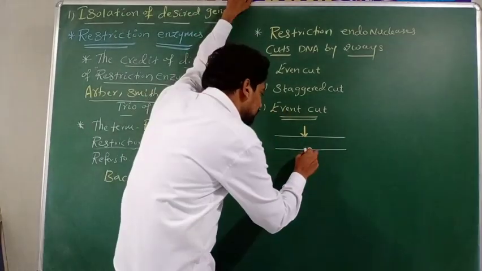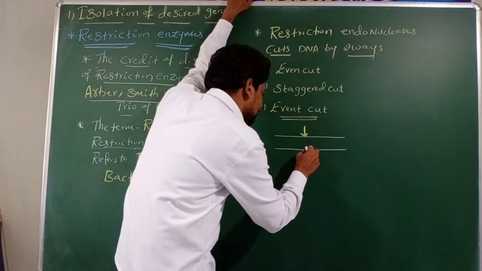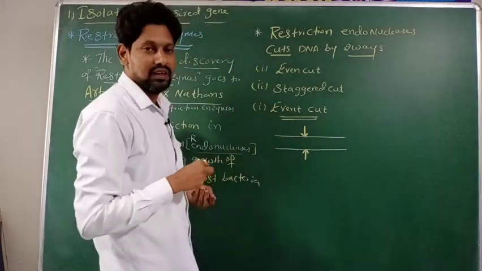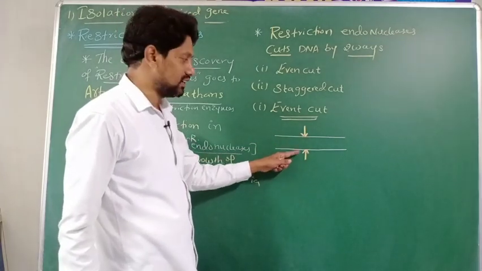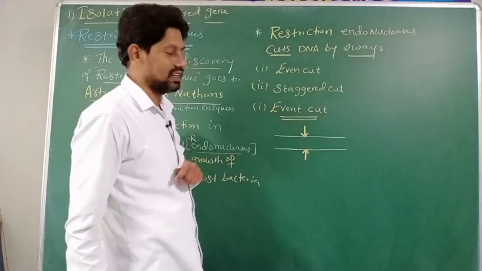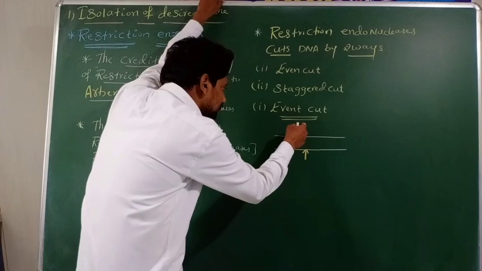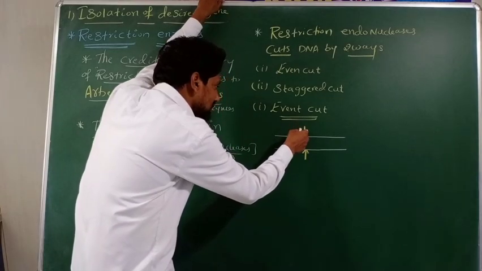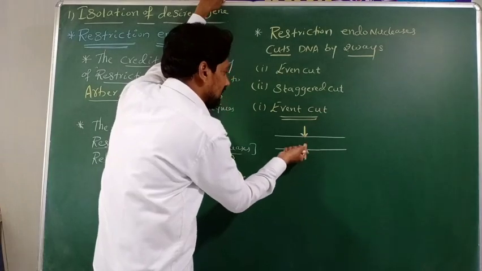It also cuts the other strand of DNA at the same point. Therefore, it cuts both the strands of DNA at the same point. What is that cut called? Even cut.